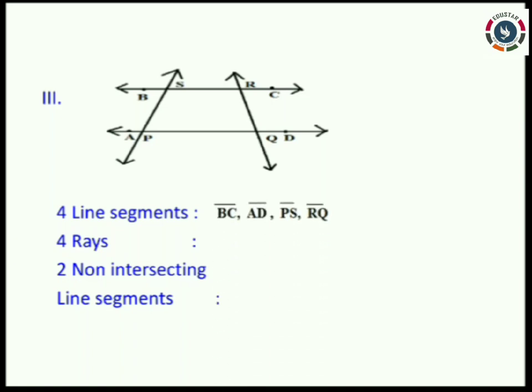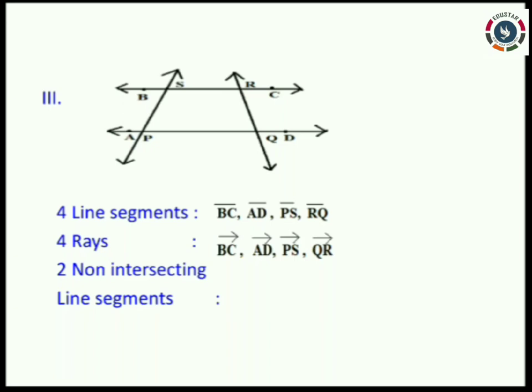You are having many line segments, but they asked 4 only, so you should write any 4 line segments. Next is ray. Ray means it's having starting point but does not have end point, right? Yes. These are all the 4 rays. For denoting ray, you should draw arrow mark, don't forget.